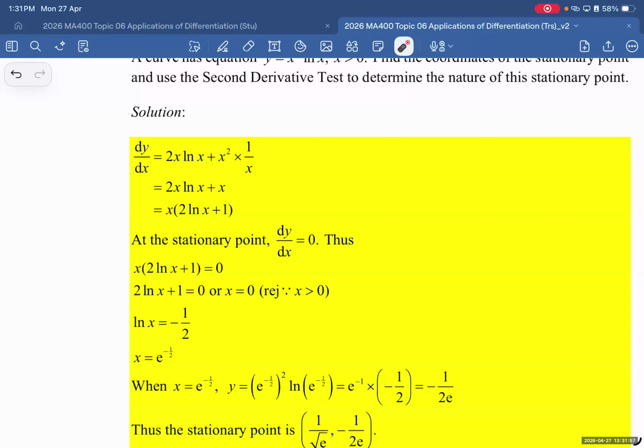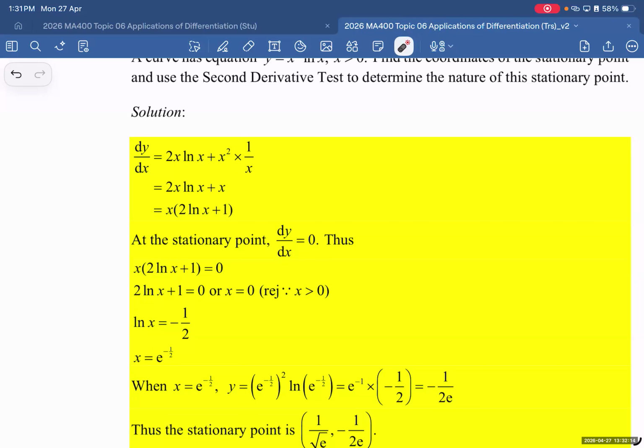Every turning point that you find, from 4.3 onwards, then you practice.